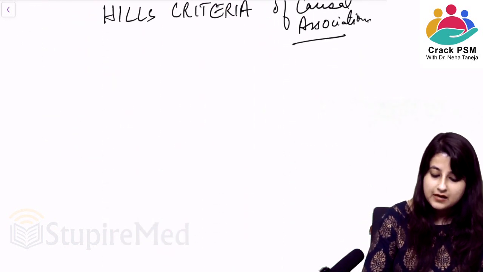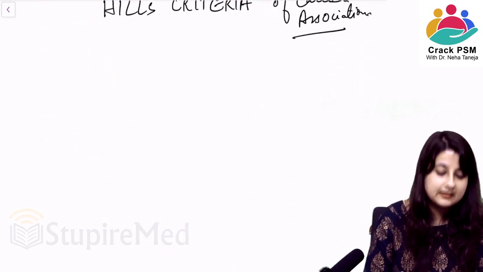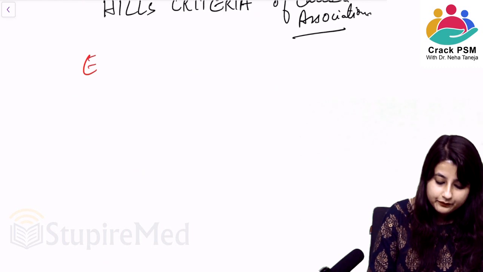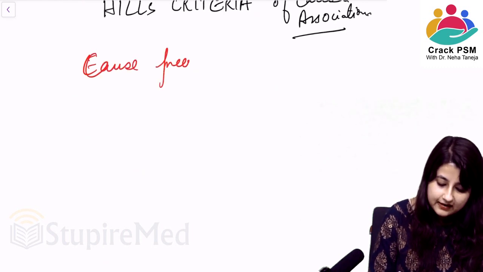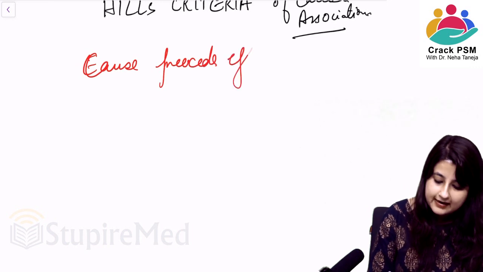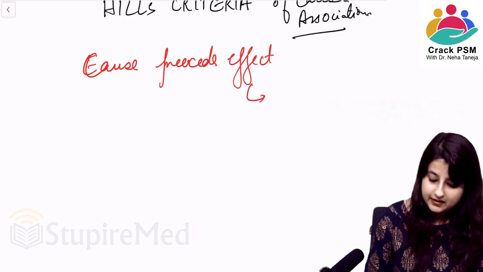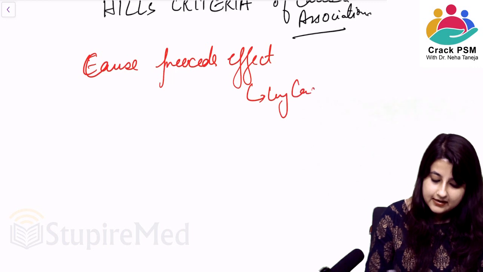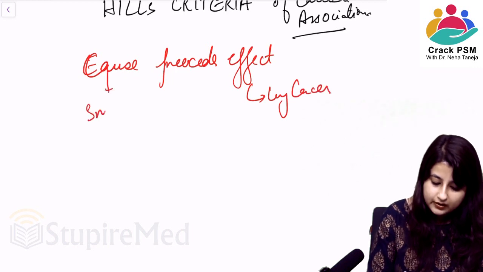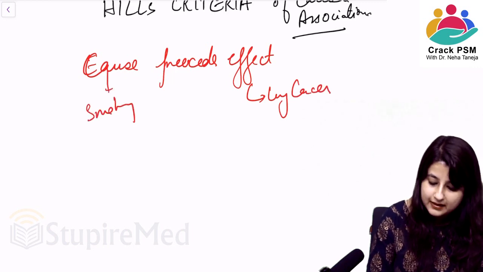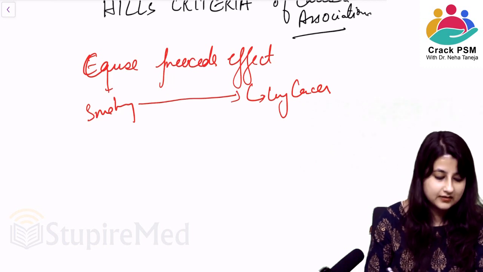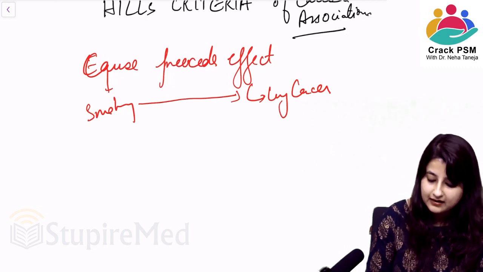What is the meaning of temporality? Temporality means that cause precedes effect, the effect or the outcome. Here the outcome is, say, lung cancer, and the cause is smoking. So smoking is always happening before lung cancer. Smoking is leading to lung cancer.